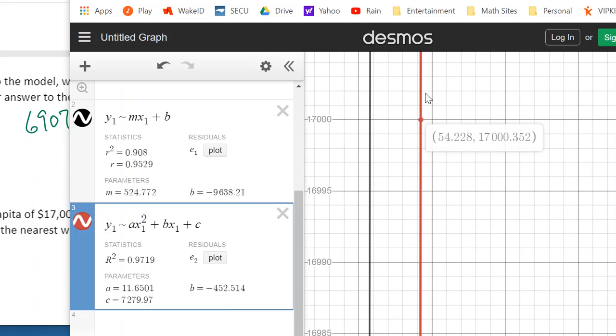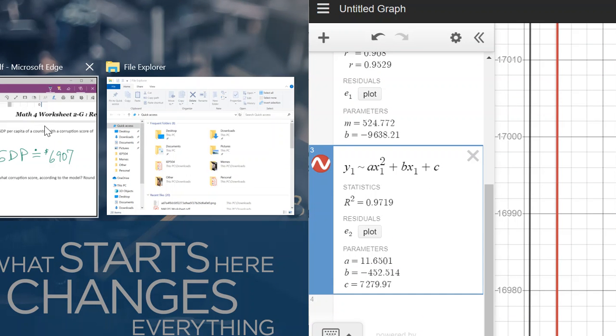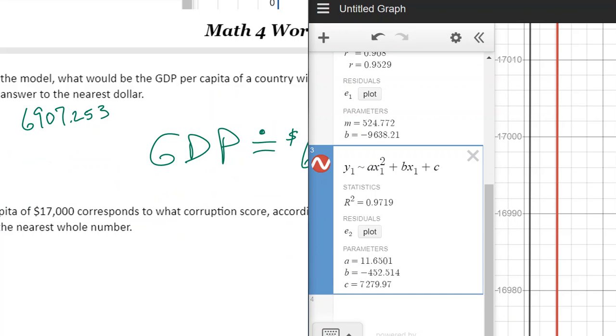I don't think I'm going to get it much closer. 54.228 for 17,000. So that means that, to the nearest whole number, the corruption score would be about 54.